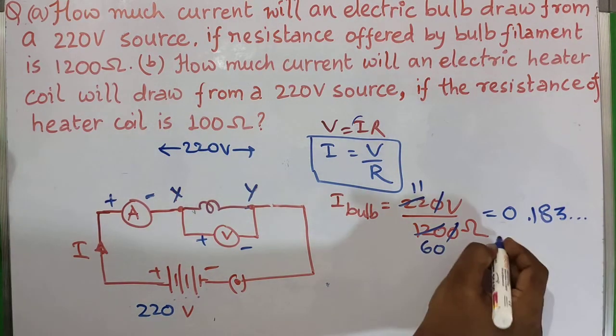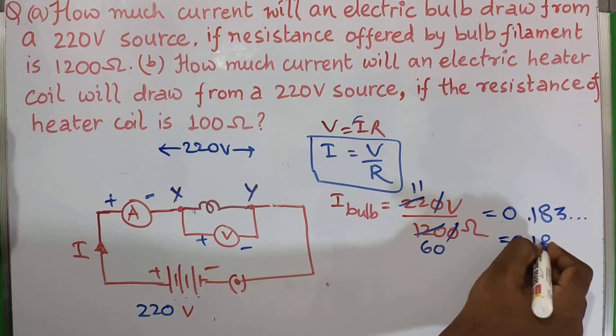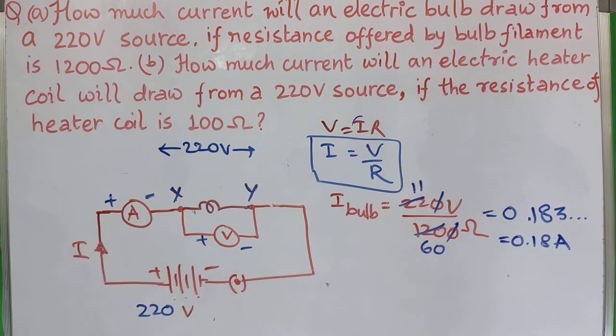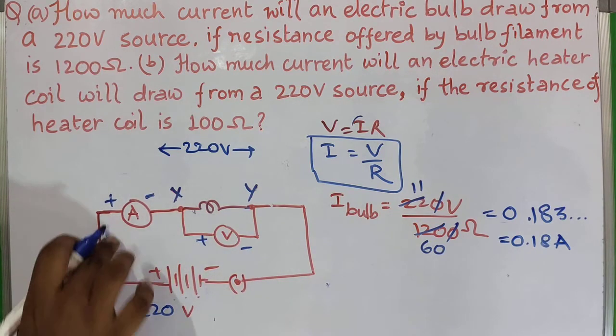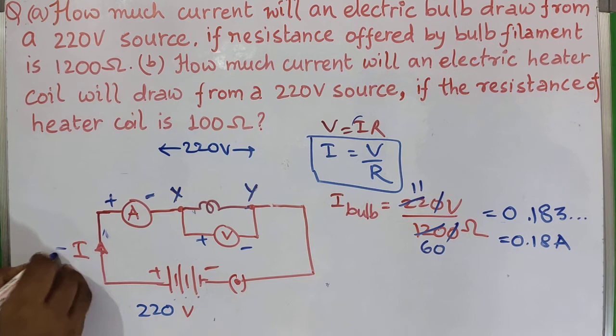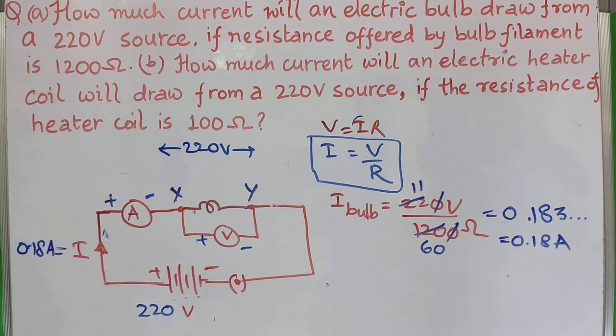So approximately, let us keep up to 2 digits, it is around 0.18 amps. So the current passing through the bulb is 0.18 amps. What will I see here? I'll see I is equal to 0.18 amps. Clear up to here?